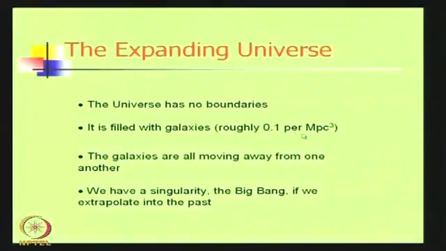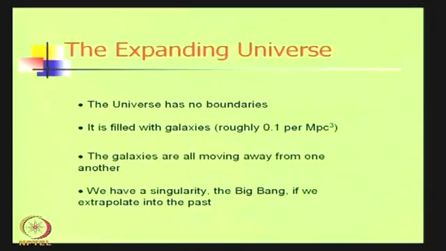The density of the galaxies is around 0.1 per megaparsec cube. So the typical spacing is somewhat more than 1 megaparsec, maybe a little more than 2 megaparsec.